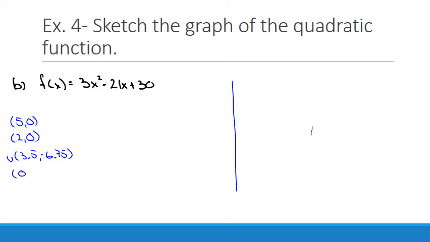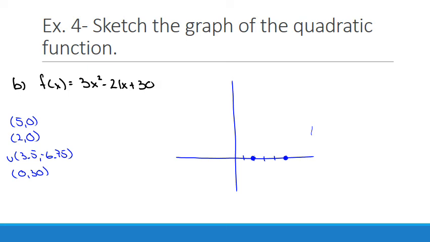That and 30. So it looks to me like I want to leave it more like this. Now you can see my y-intercept is enormous, but we're just sketching, so it won't be a big deal. 1, 2, 3, 4, 5. So there's one x-intercept. 2 is the other one.